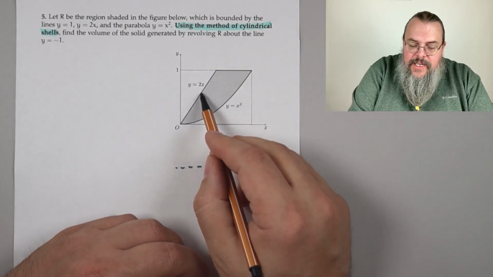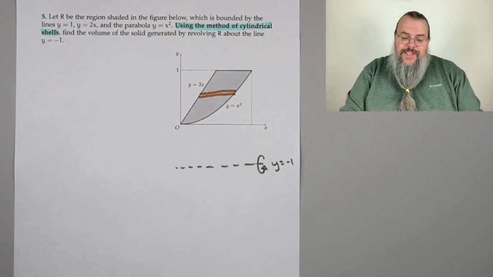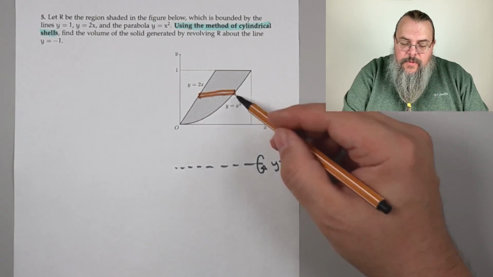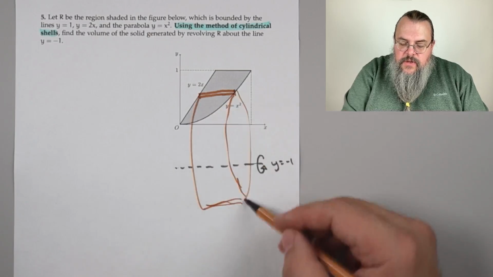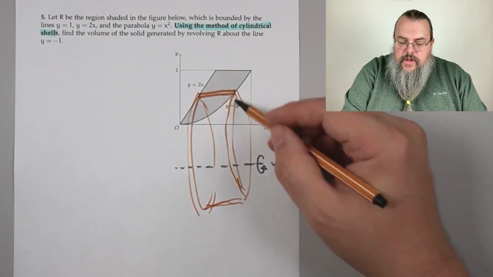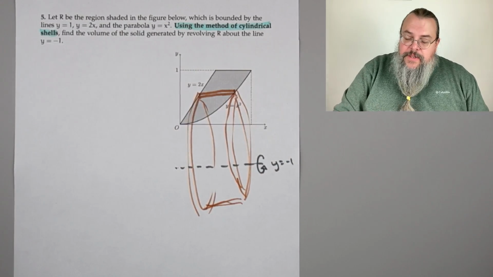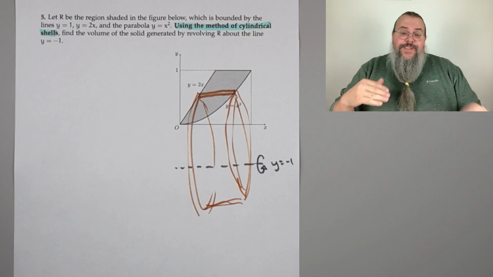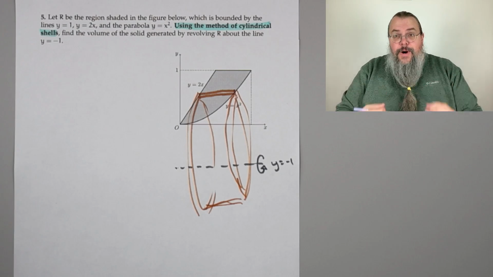So it's telling us we better be doing horizontal slicing, because with horizontal slicing, when we spin, we're going to be forming our shells. Good. Now we know how we're slicing, and since we're doing horizontal slicing, we're going to be integrating with respect to y.